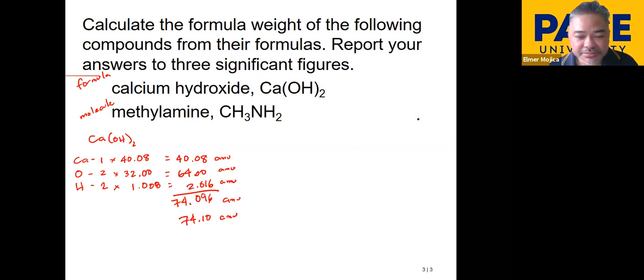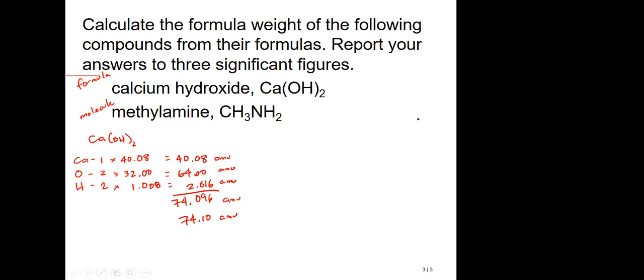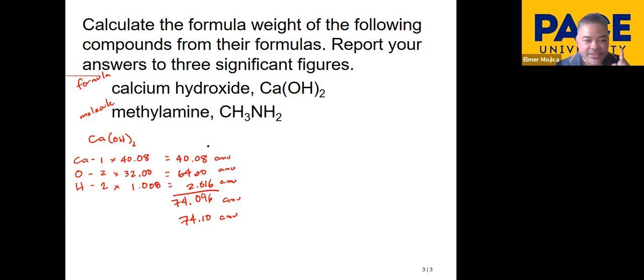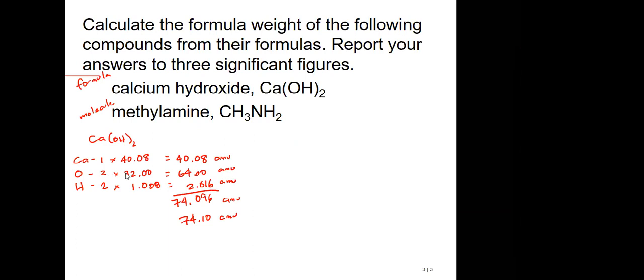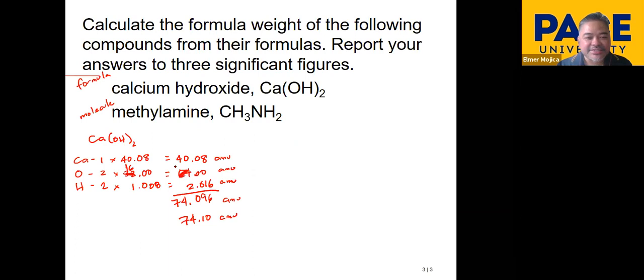Yes, question? Somebody asked a question in the chat. They asked why it is 32.00 instead of 16. Oh, yeah, very good. That's my mistake. This is a 16 and this is a 32. And if you add it, this one is still the 74 mark. Sorry for that.